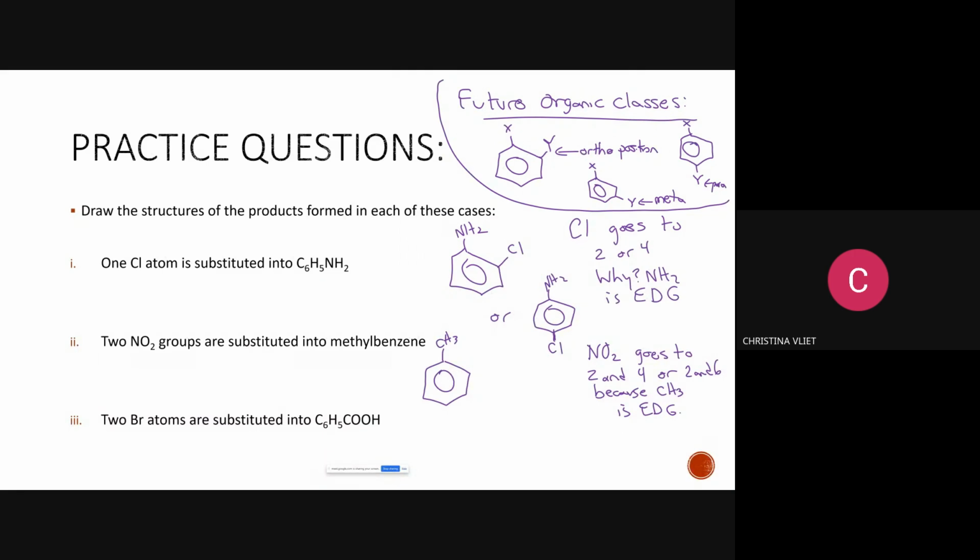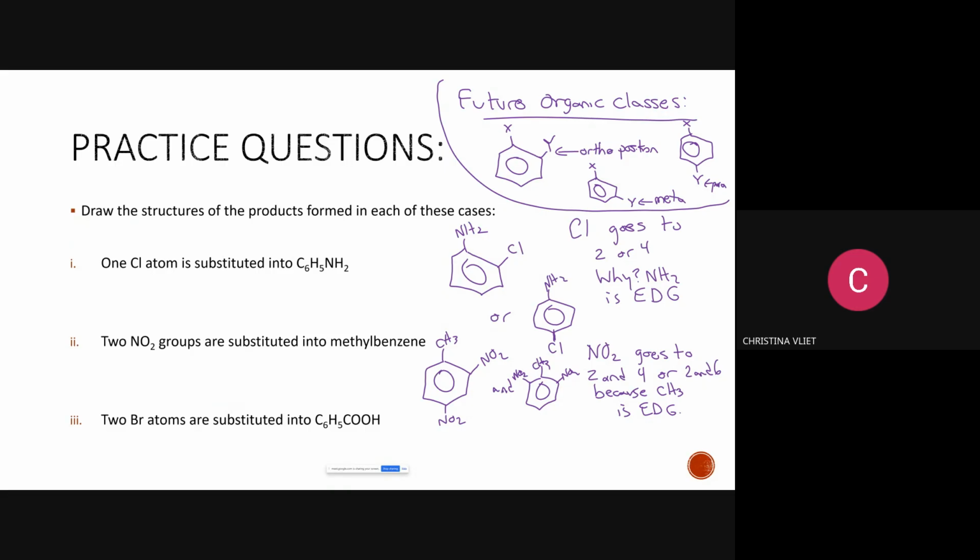That's the director. So your possible answers are NO2, NO2, and NO2, NO2. Those are your different variants. Either both are 1 away, or one is 1 away and one is across.